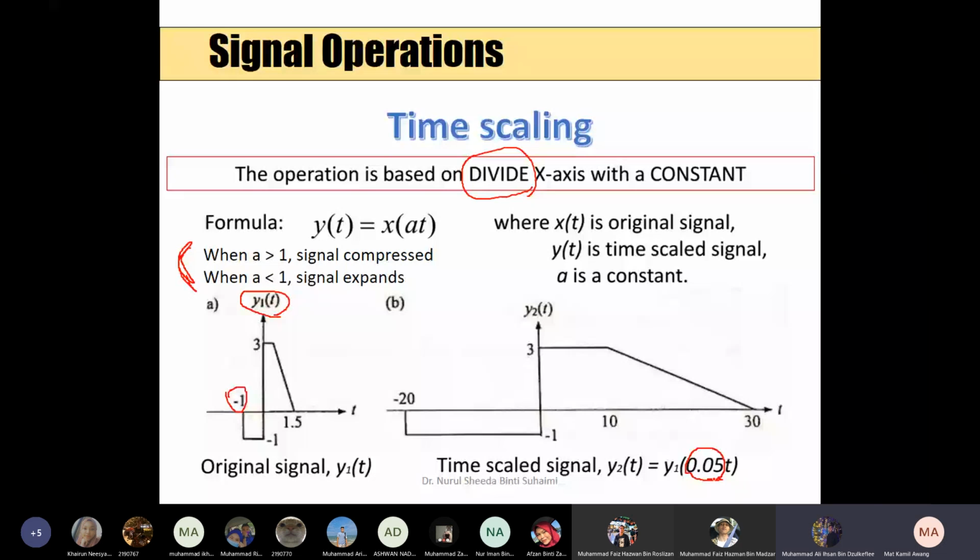So A is 0.05. I should change this word. So A is 0.05 times t. So it's not minus t here. This actually should be divided by 0.05. Then it's expanded.